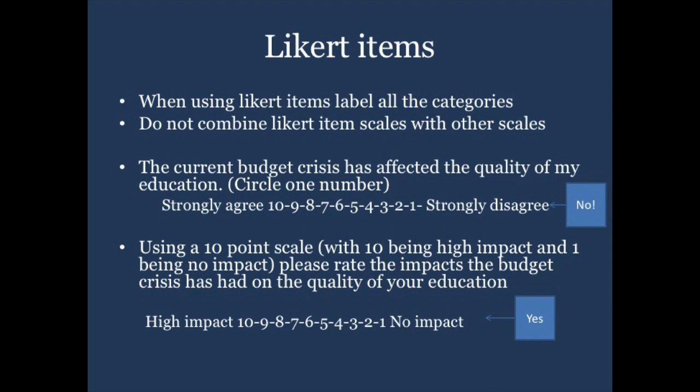Why not just ask the Likert scale here, right? Why put the numbers in between? When you put the numbers in between, they are very, very hard to interpret later. For example, if the average for all respondents is a 3, what does that mean? Does that mean that they disagree? Does that mean that they're neutral? See, that has absolutely no meaning. Do not combine numerical scales with Likert items.